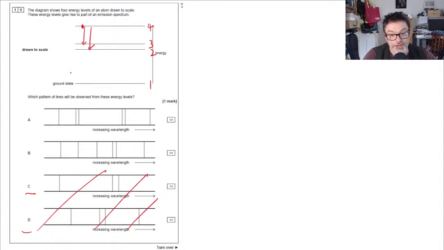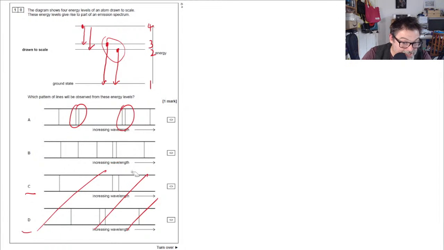So they're going to produce a pair of lines that are close together like this. The question is then, do we have another option? Well, we do. So thinking about what happens as we go from 3 to 1 and 2 to 1, again, these two are close. So these two are going to produce another pair. And there it is, another pair.